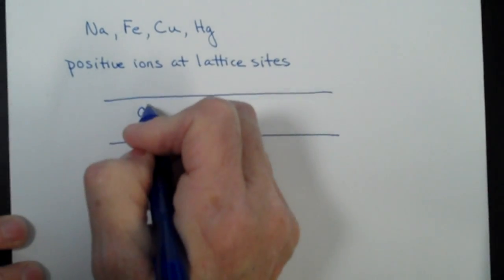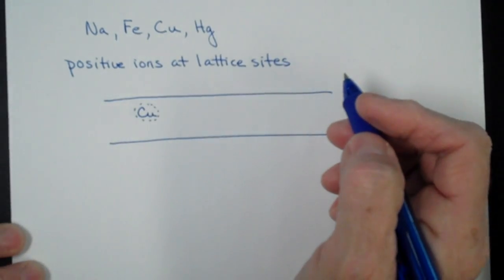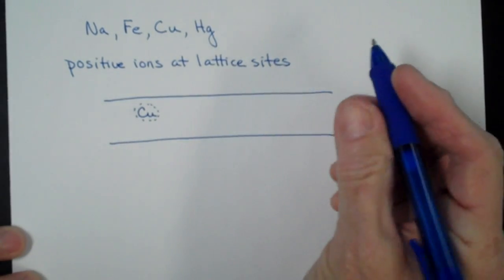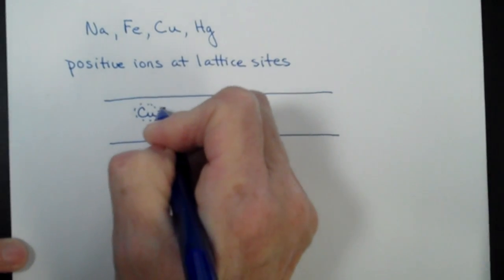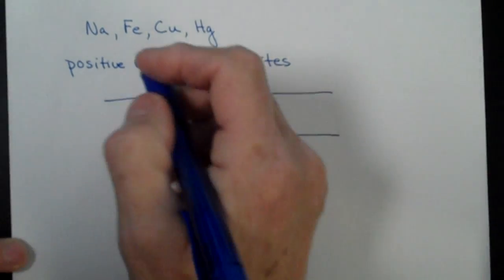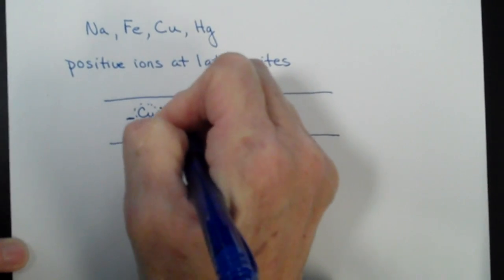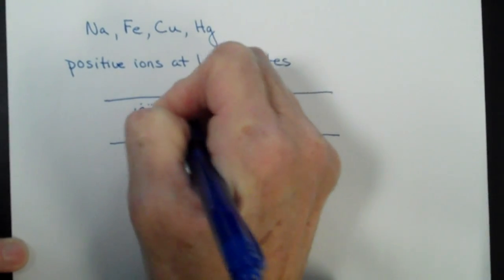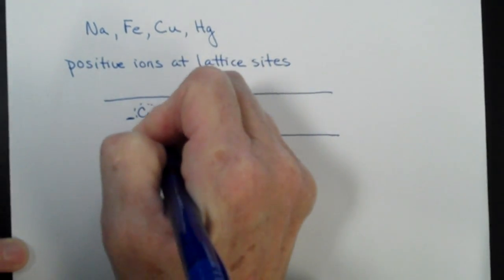And you know that this atom of copper generally is associated with having two loosely held valence electrons. So now what I'm going to do is draw lots of copper atoms in the crystal lattice.